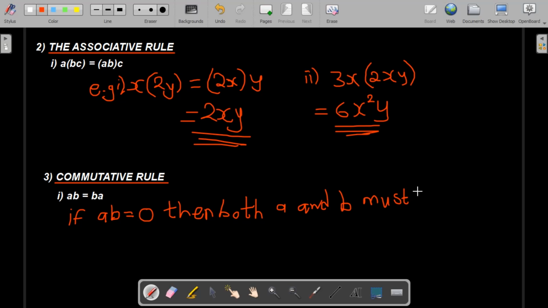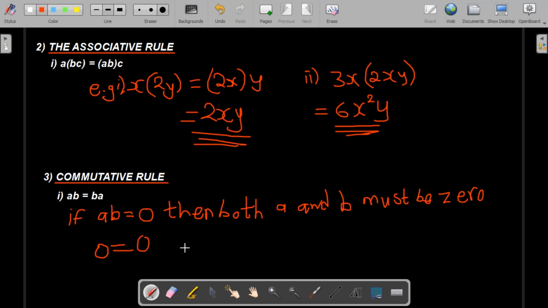They have to be 0. That's what it says. So if AB is equal to 0, then both A and B must be 0. So if we have 0 where there is AB, it's the same as saying it is equal to 0. That's what it is.